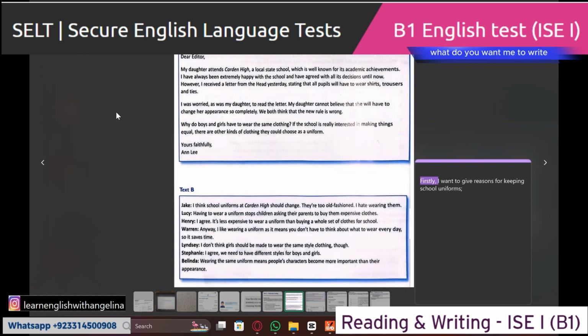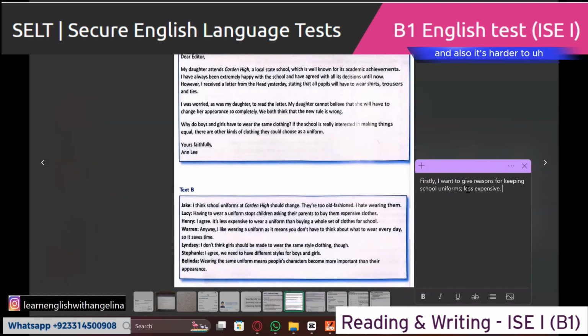Okay, tell me, what do you want me to write? So we can give the reasons. The first reason for keeping school uniform is that it will be less expensive than buying a whole set. I'm not going to write the full line. I would just write here: less expensive. Yeah. And another reason.